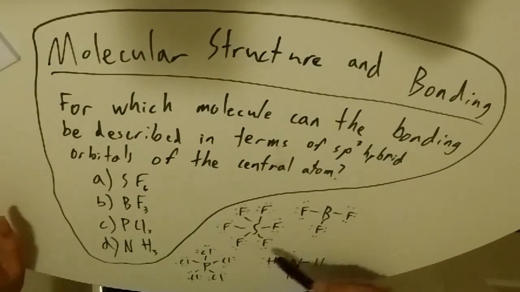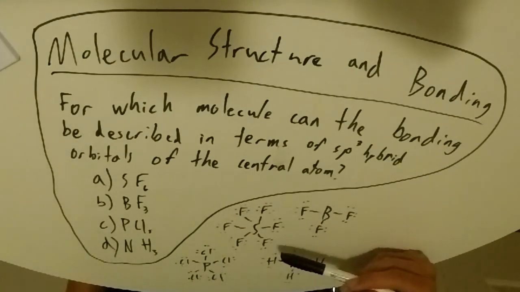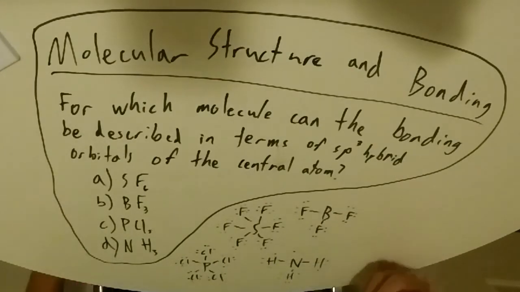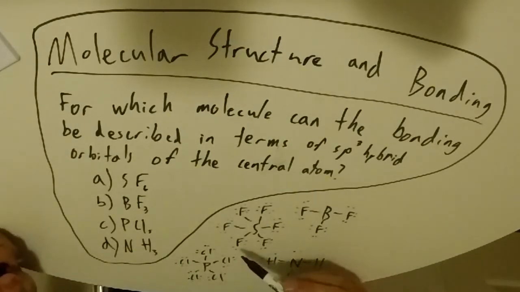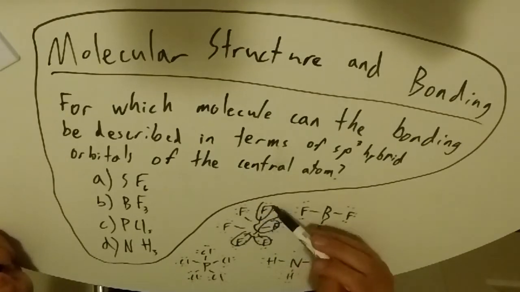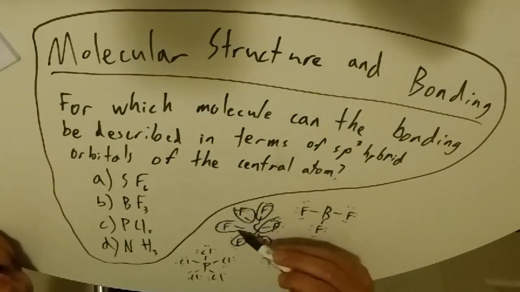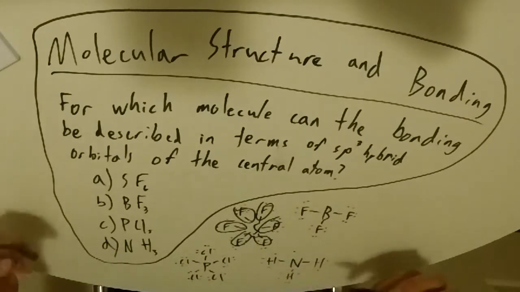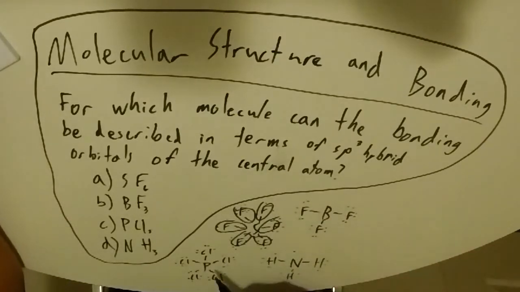So I already drew out the Lewis dot diagrams, and as you can see, SF6 has 1, 2, 3, 4, 5, 6. It has 6 electron groups. PCl5 has 1, 2, 3, 4, 5.